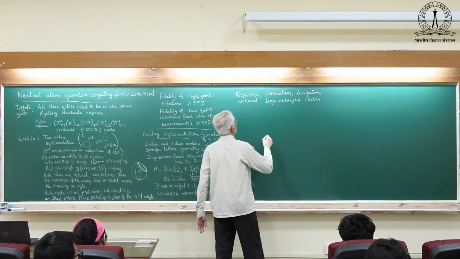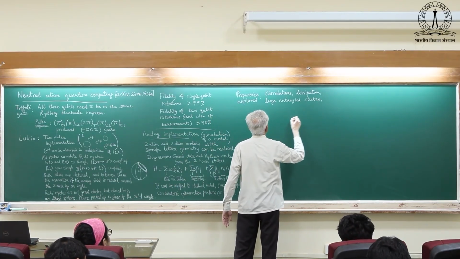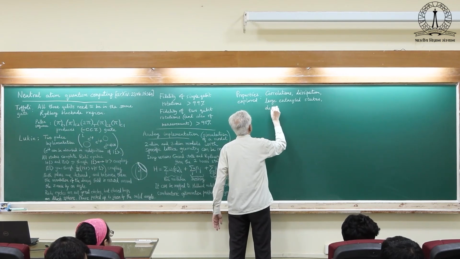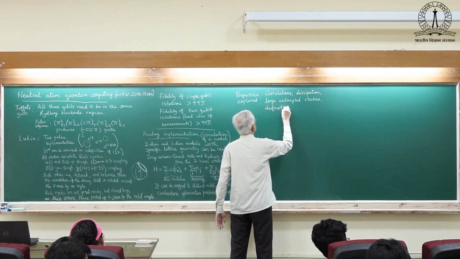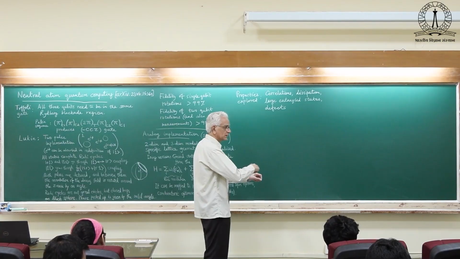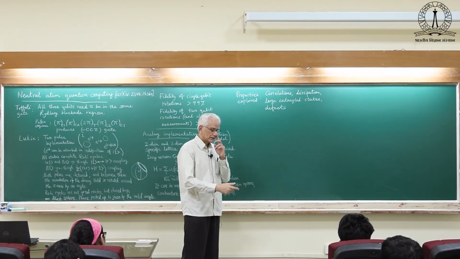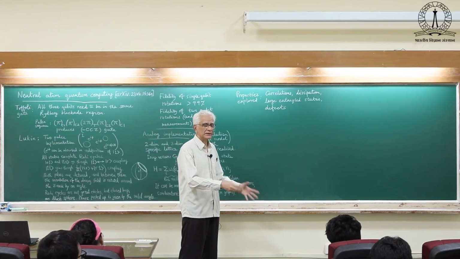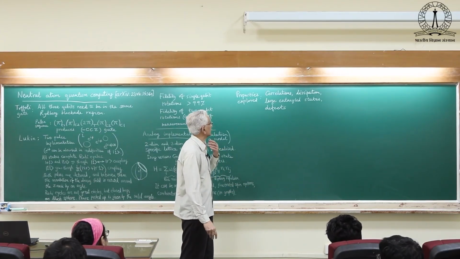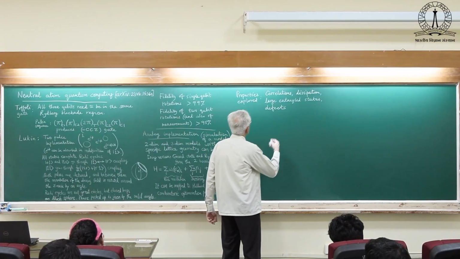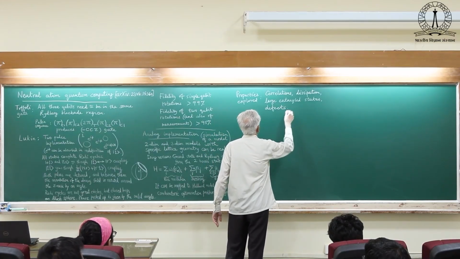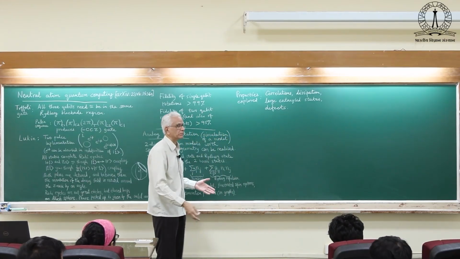Then even defects. There's something you take out from the lattice, and there is a gap left, and how does it change the evolution, all kind of features, they have been studied in some manner.